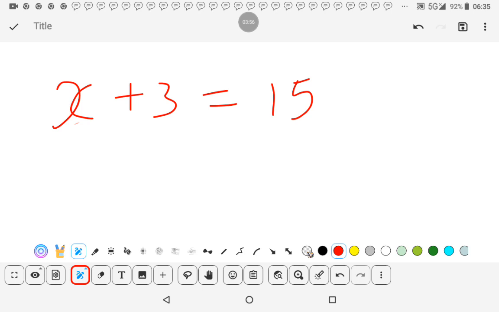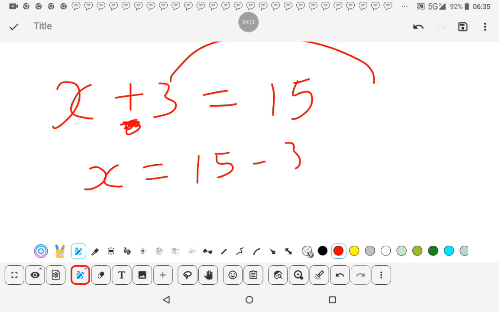By taking the constant to one side. So you have x will be equal to 15, because 3 is crossing and here 3 is plus, so the sign will definitely change. Take note of the sign. It will change to minus 3. So that will be 15 minus 3, which will give you 12. So this is a simple linear equation.